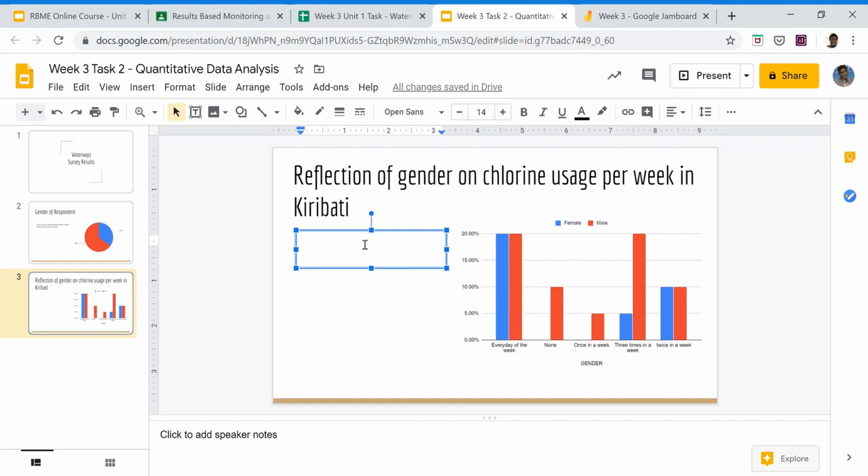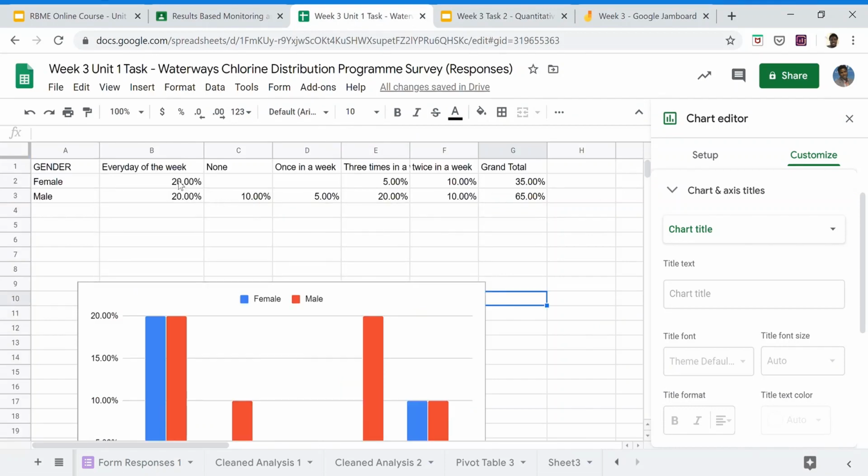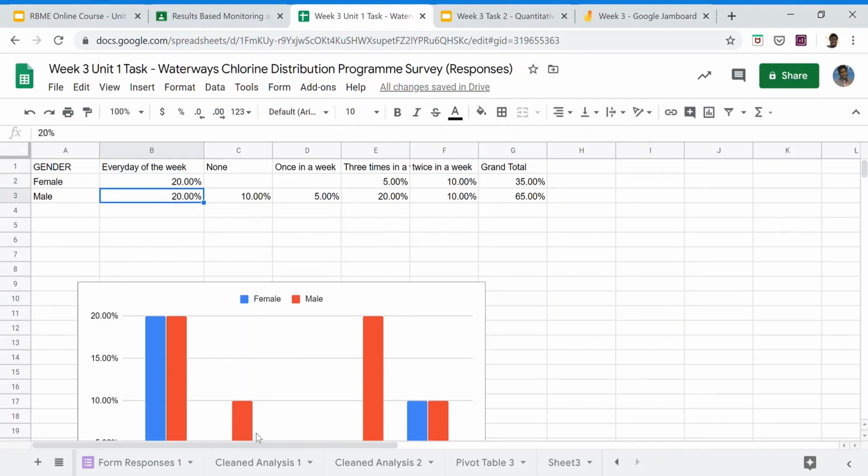What do we have here? Every day of the week, same number from male and female. Is that it? Let us be sure. Okay, so you have this. I need to be very sure.